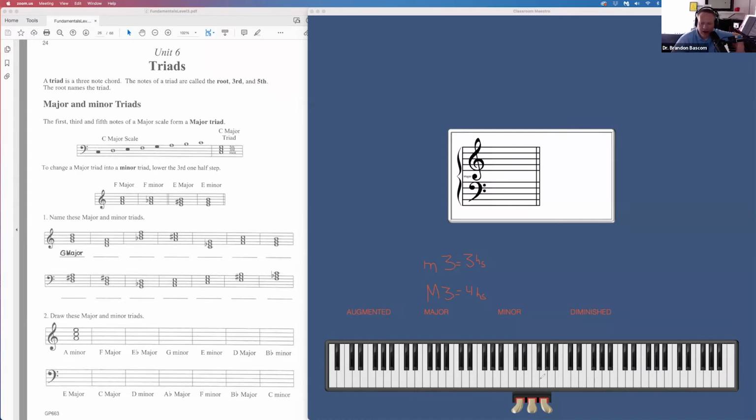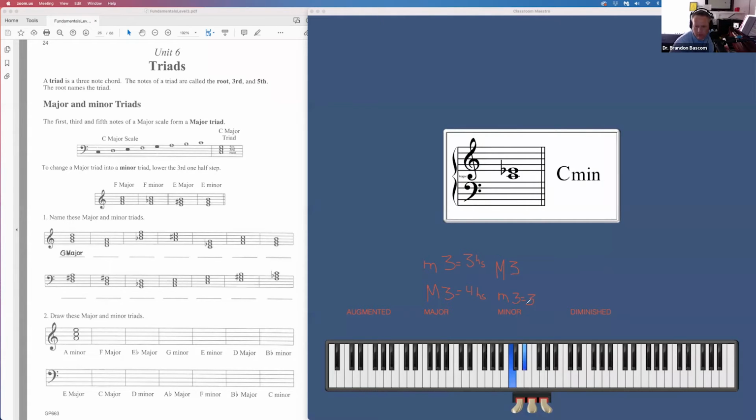Now a minor triad is just the opposite of that. It has a minor third on the bottom, and my major third is on the top. So I have my 3 half steps on the bottom, 4 half steps on the top.